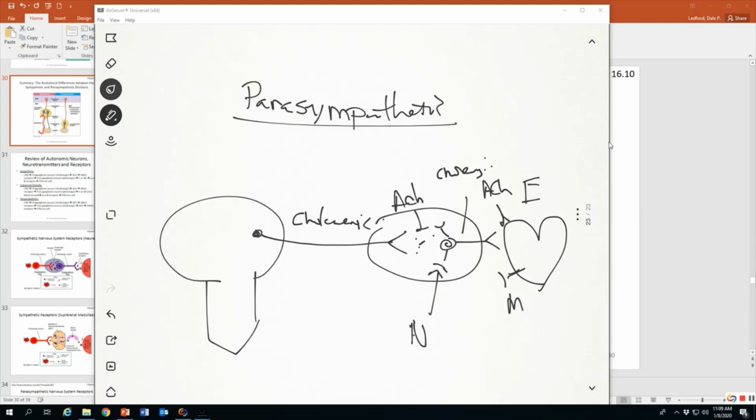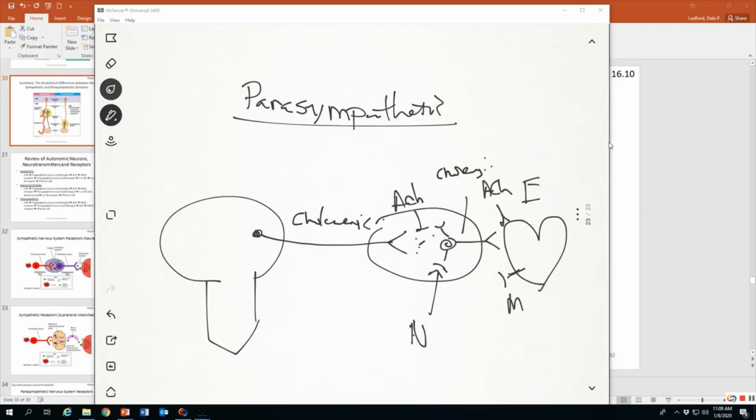For example, acetylcholine, parasympathetic, slows the heart rate down. Norepinephrine by the sympathetic division accelerates the heart rate. So you have these two opposite effects, where the heart receives acetylcholine and norepinephrine to get the heart rate up or down.